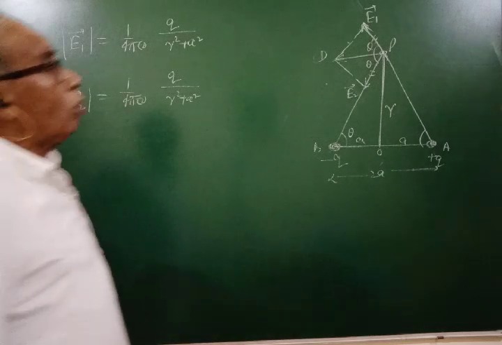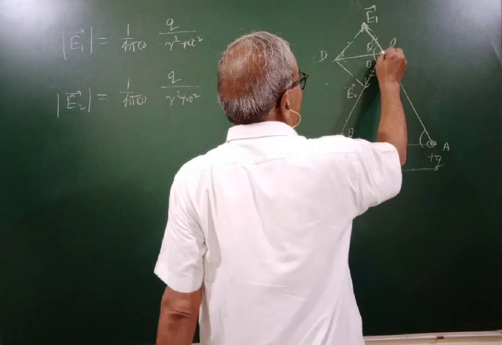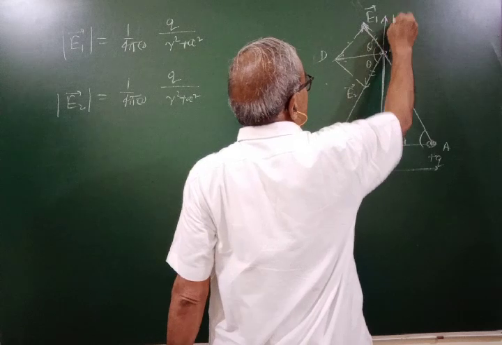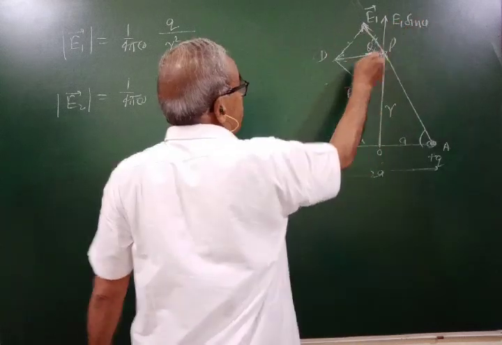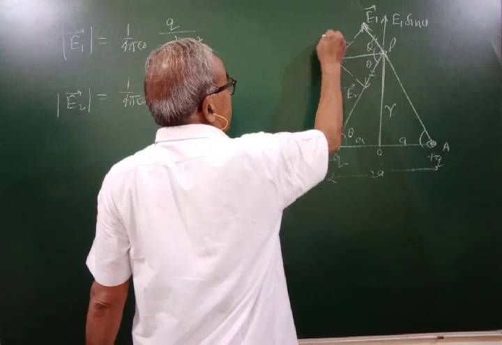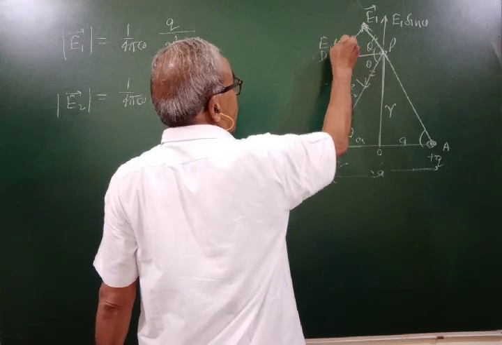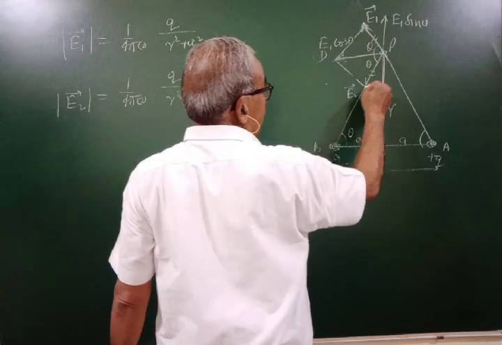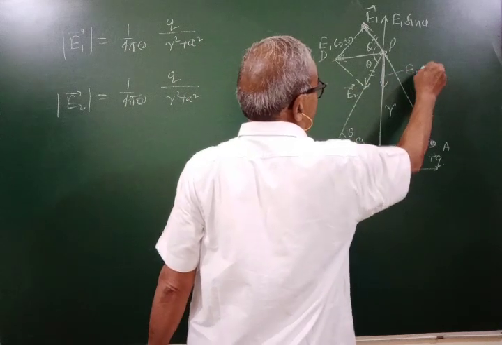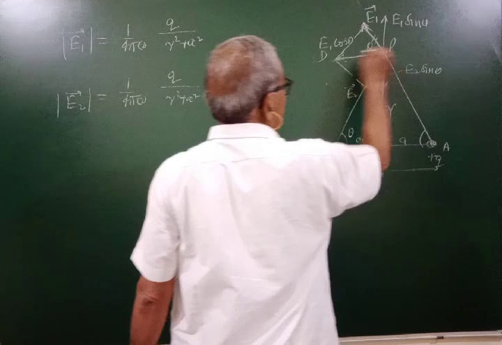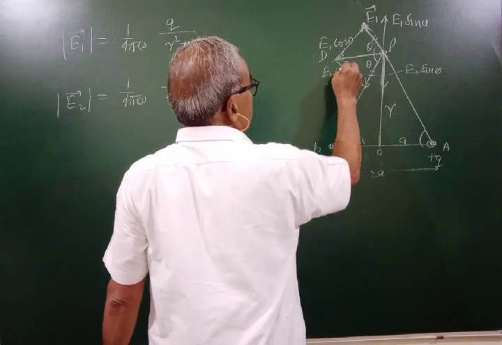Here I can resolve E1 and E2 into rectangular components. This is E1 sin theta, and this side is E1 cos theta. Similarly, E2 sin theta and E2 cos theta.